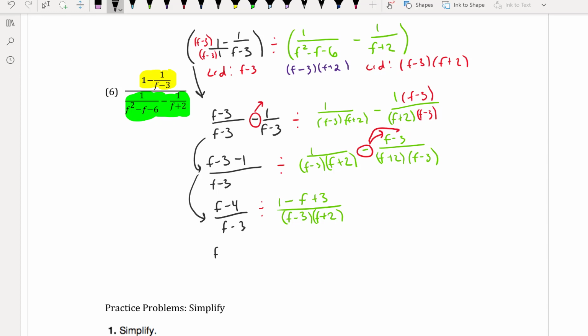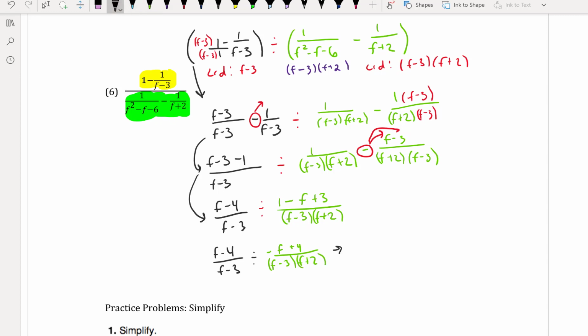So I'm going to have f minus 4 over f minus 3 being divided by, and that green fraction, it looks like I have a negative f, and I have a positive 1 plus 3, so that's going to give me a positive 4 over f minus 3 f plus 2.